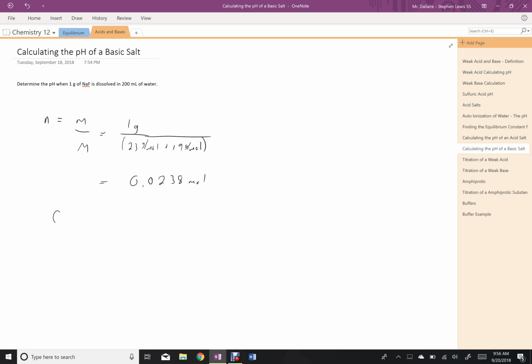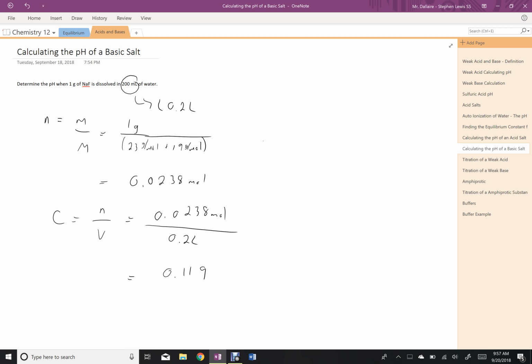And so I need the concentration of that, which will be the moles over the volume. Remember here that we need our volume in liters because we want molarity. So 0.2 liters, and I get a concentration of 0.119.